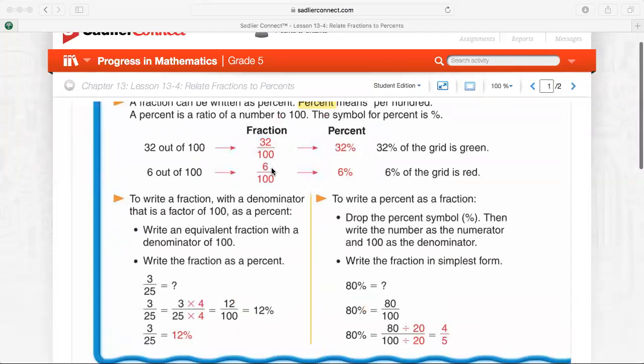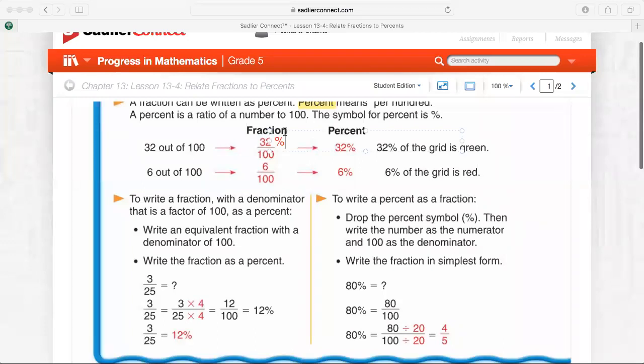As I told you here, if I have 32 over 100 and I want to write it as a percent, I will take 32 as it is, and add to it the percent sign, only if I have in the denominator 100.